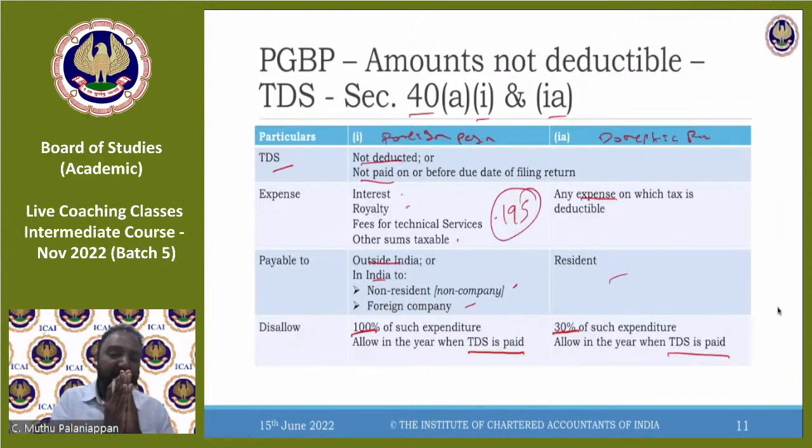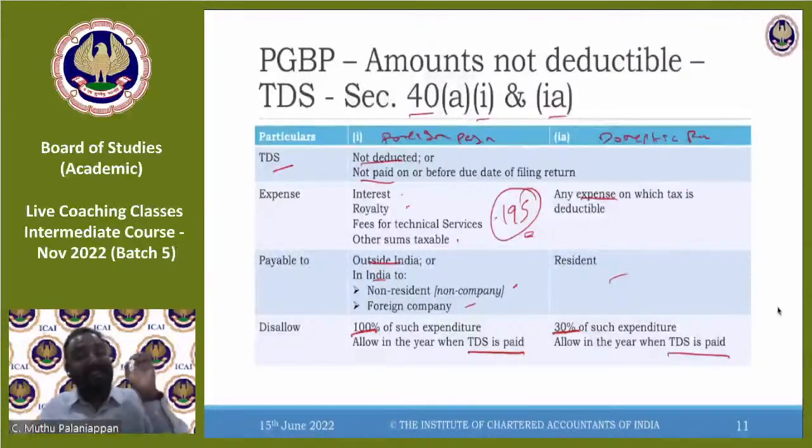Your international taxation is only in your final, so you will not learn about 195 beyond a point. You will only know the basics. For your intermediate level, what you need to remember is, if it's a foreign payment on interest, royalty, or fees for technical services on which TDS has not been deducted, 100% of such expenditure is disallowed, whereas for domestic payment, 30% is disallowed.